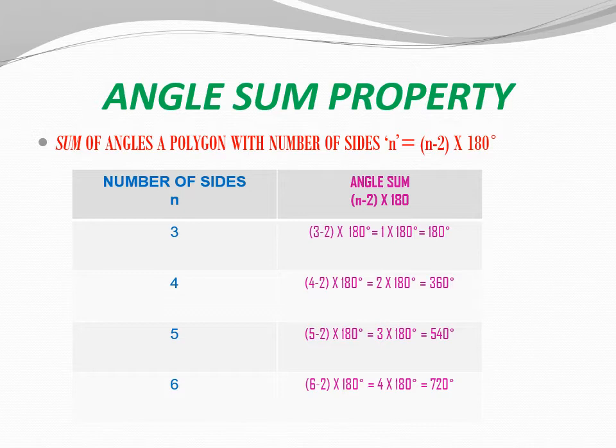So the sum of angles of a triangle is 180 degrees, and if the number of sides is 4, then it is called a quadrilateral, and here we have calculated the sum of angles of a quadrilateral as 360 degrees. In this way, by using this formula, we can calculate the sum of angles of a polygon with given number of sides.